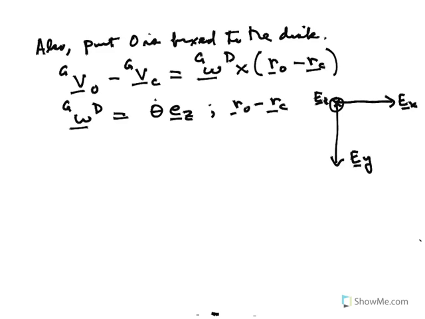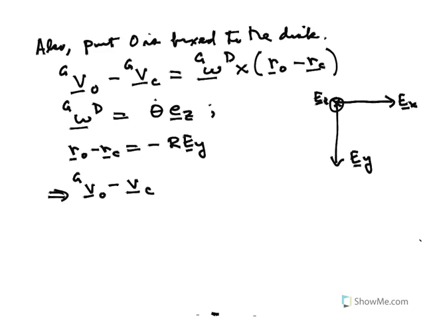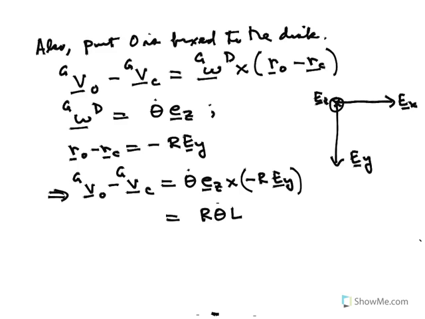So this tells me that the position of O minus the position of C is equal to minus R times EY. It's a distance R in the negative EY direction that O is from C. Therefore, the velocity of point O in G minus the velocity of point C in G is equal to theta dot EZ crossed with minus R EY, which is equal to R theta dot times EX, because little ez is the same thing as big EZ.